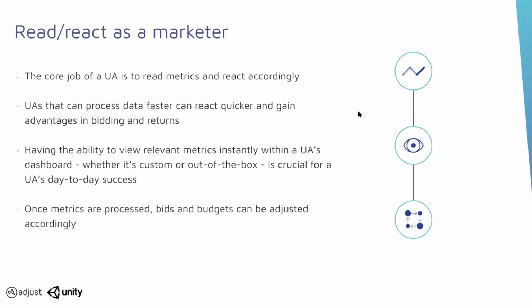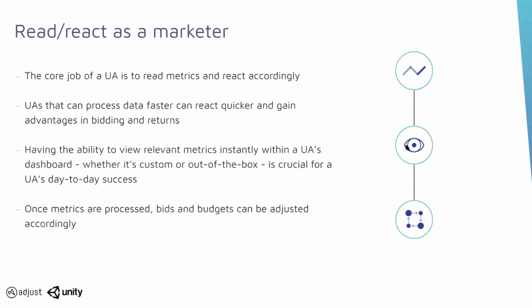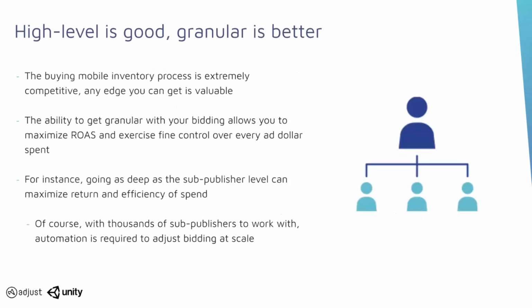When I say IPM, I mean installs per mille, and you can be going to creative level, for example, or sub-publisher level, and you'll be figuring out how many more users of a certain quality you can get if you use that certain creative at that certain sub-publisher, and you measure that with relevant metrics that describe it the best way possible to suit your needs. High level is obviously good to figure out how the whole portfolio performs, but granular is essential to optimize it.